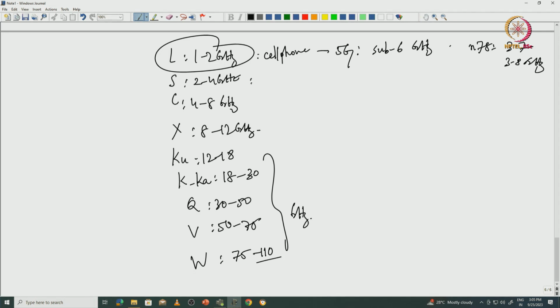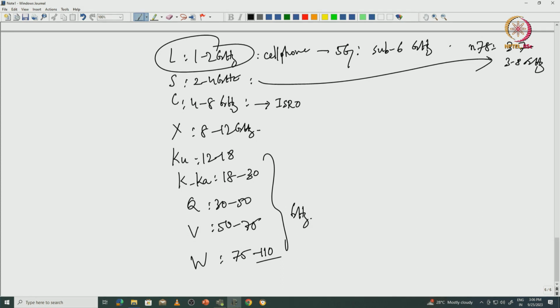If 5G comes in at 3.7, 3.8 gigahertz, then S band is used in that. But S band is also useful for satellite uplink, downlink, oceanic radars, etc. C band is heavily used by, for instance, ISRO, for remote sensing, satellite communication, satellite radars, weather radars, and satellite downlink.